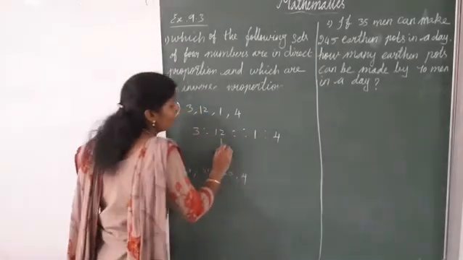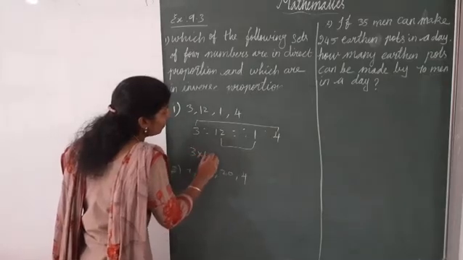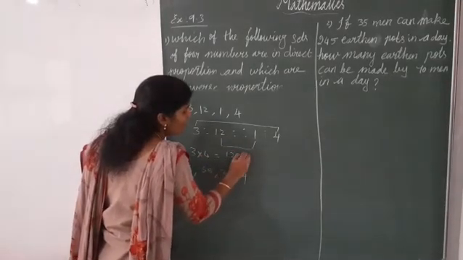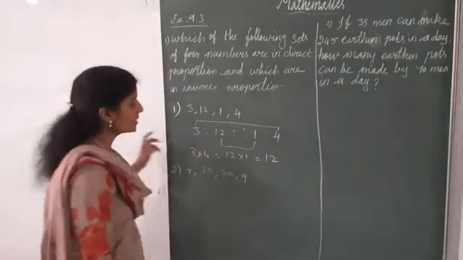Now we can check the product of means and product of extremes. 3 into 4 is equal to 12 into 1. 3 4s are 12, 1 into 12 also 12. Isn't it the same value?